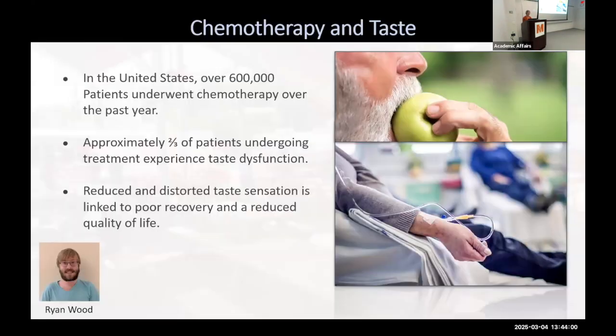So as you all know, chemotherapy really affects the taste system, and over a third of patients undergoing chemotherapy treatment experience taste dysfunction. And actually, I hadn't realized this until I started giving talks to the general public, and people would come up to me after talks and say, oh, I went through chemotherapy, or my husband or my wife or whoever went through chemotherapy and they lost their sense of taste, and this is really disturbing to them.